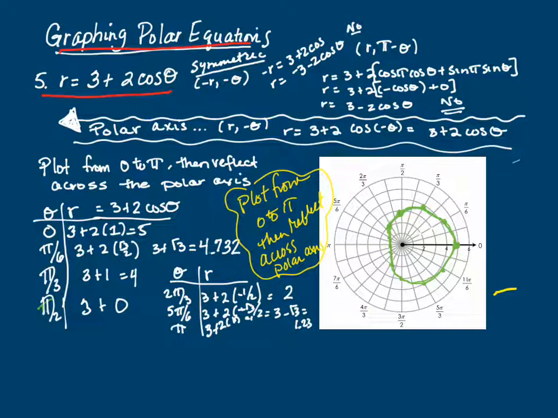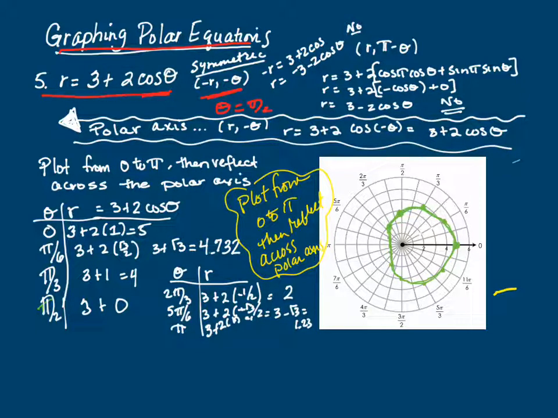You can say, this is a cosine, and if you look back, usually cosines, if they're symmetric, could be symmetric to the polar axis. So the first thing we'll try is, is it symmetric to theta equals pi over 2?